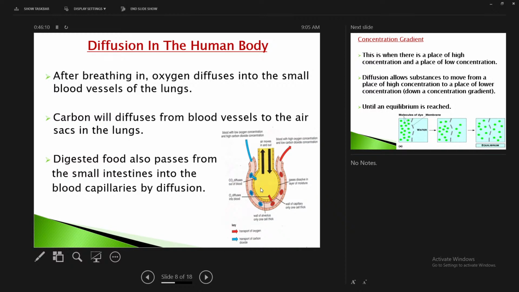Two of those substances would be oxygen and carbon dioxide, and also the nutrients that will move from your digestive system into the surrounding blood vessels.